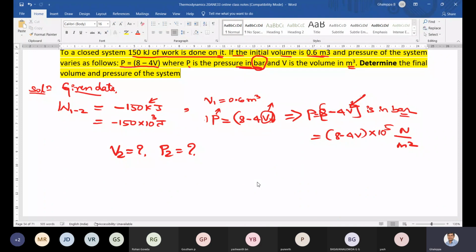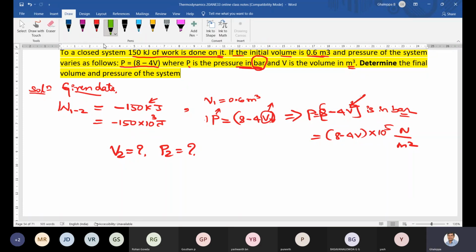Now this is the reverse of what I told you just before 10 minutes: work done will be given, and he may ask you to calculate final pressure or initial pressure, final volume and initial volume. But here work done is given as 150. Initial volume is also given. And he is asking to calculate V2 and P2. So how will you do it?